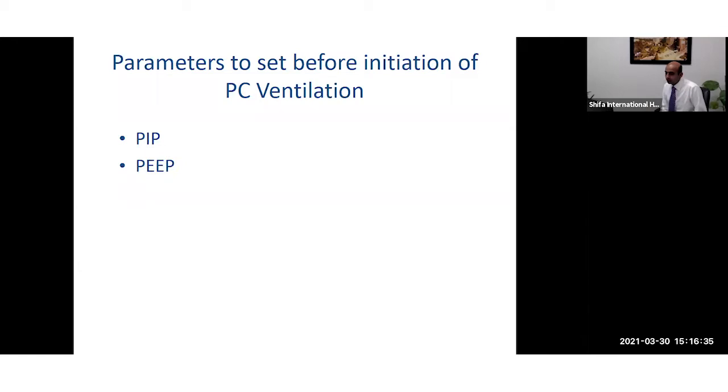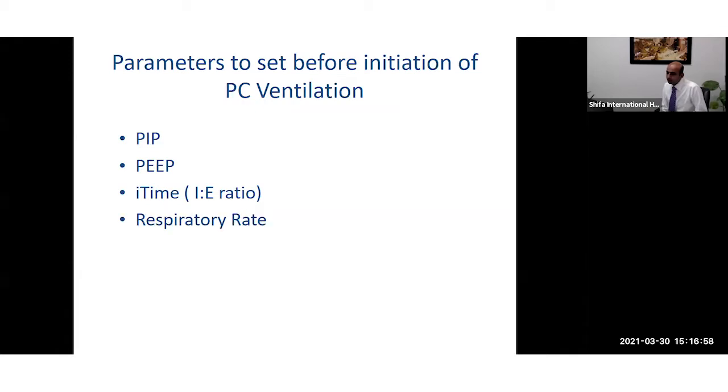The PEEP, or positive end expiratory pressure, is set around 4 to 6 centimeters of water. In most modern ventilators, we need to set only the I time. The IE ratio is generally not required in modern ventilators; that is calculated by the ventilator in the background. So the I time is usually around 0.35 to 0.45 seconds as a starting point.